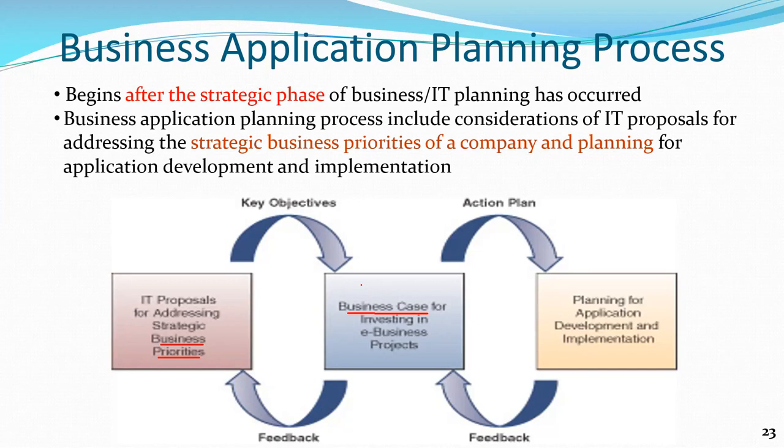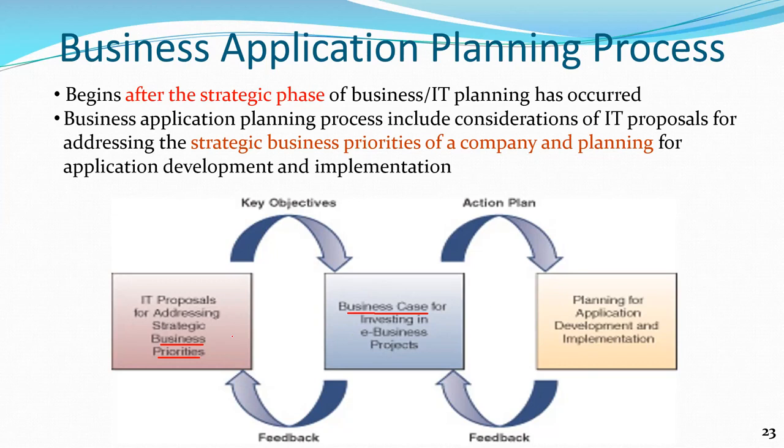The business application planning process includes considering information technology proposals, right? You need to consider and address the strategic business priorities of the company, and plan for application development and implementation.